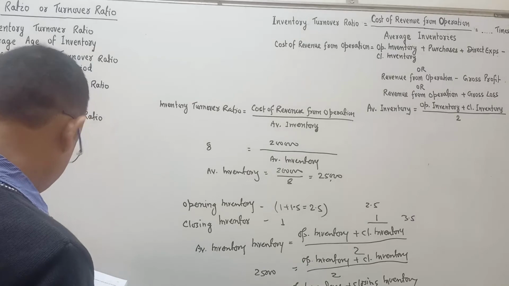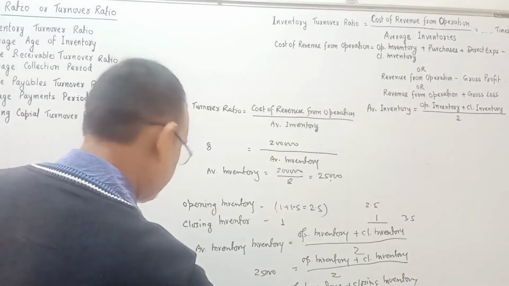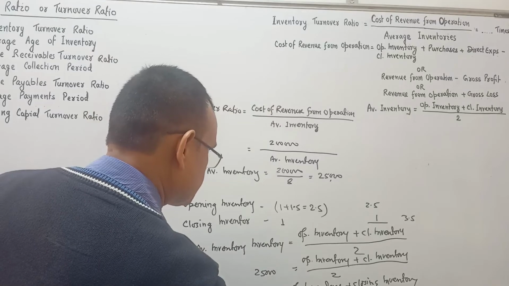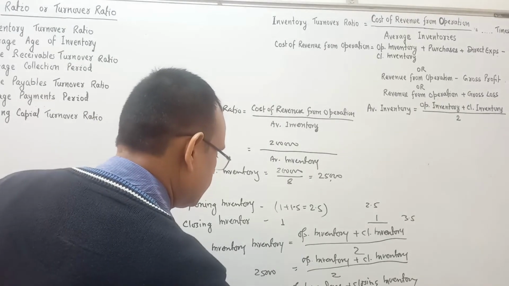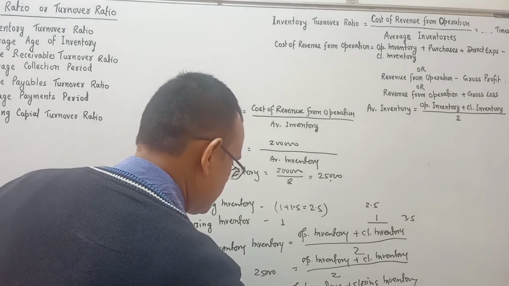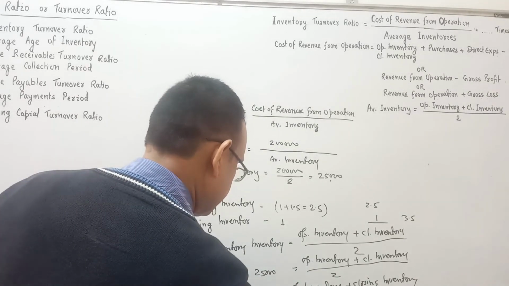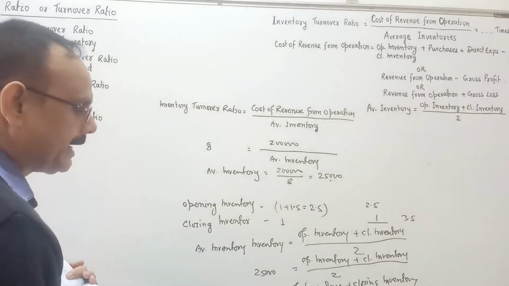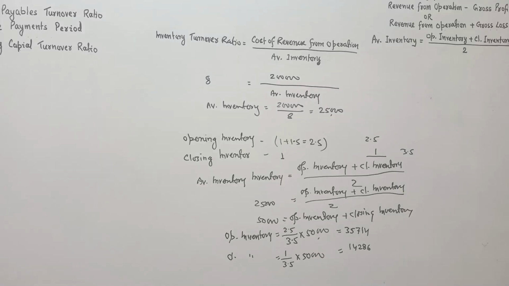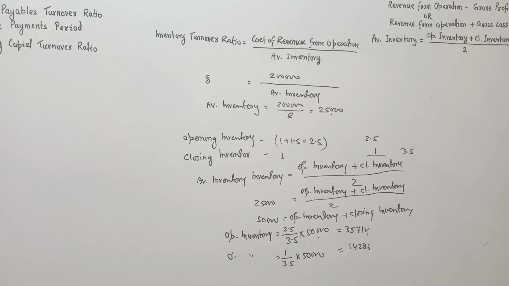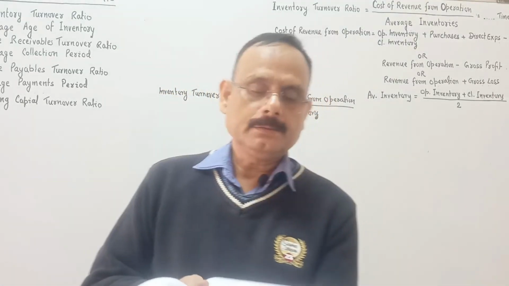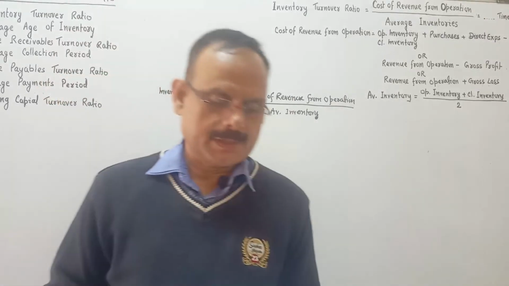So 2.5 upon 3.5 into 50,000 is 35,714, and closing inventory is 14,286. Okay. Now we'll see the next question of the same topic, inventory turnover ratio.